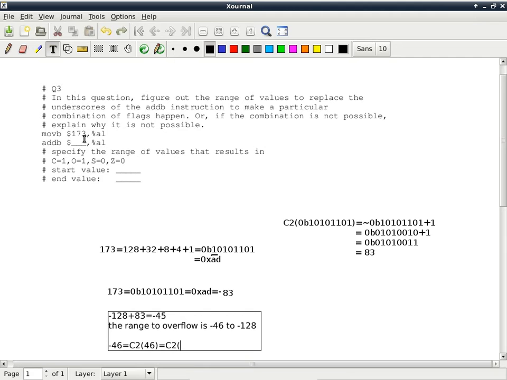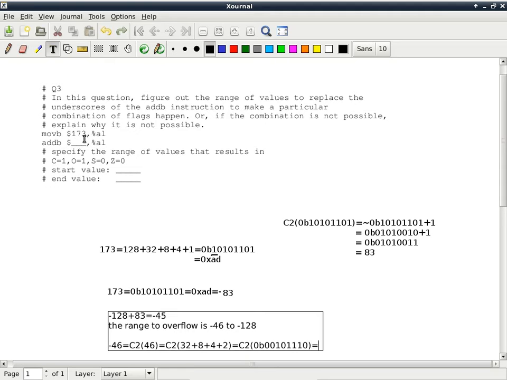46 is represented as 32 plus 8 plus 4 plus 2. So if I want to express it as a binary number, it would have 0 for 128, 0 for 64, 1 for 32, 0 for 16, 1 for 8, 1 for 4, 1 for 2, and 0 for 1. Are we doing okay so far with this? Okay. And to make sure that we understand this is a binary number, I use the 0b prefix.